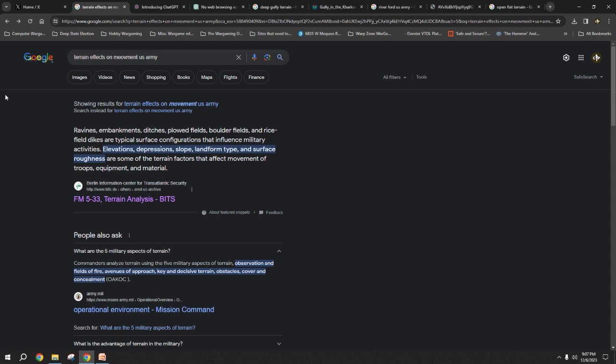That different means of locomotion, meaning walking, driving, and the different forms of vehicles, locomotion, wheels, half track, tracks, if applicable, others such as skis or whatever it may be. Different types of terrain can affect them differently.